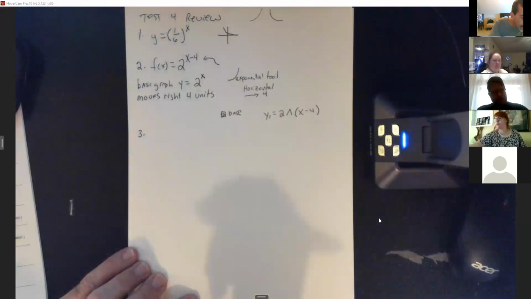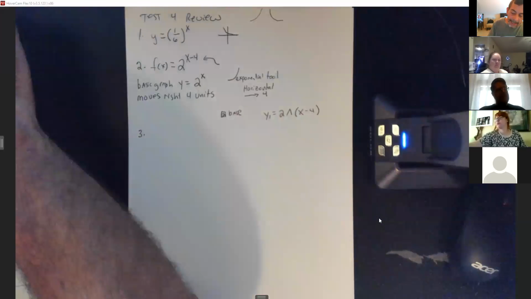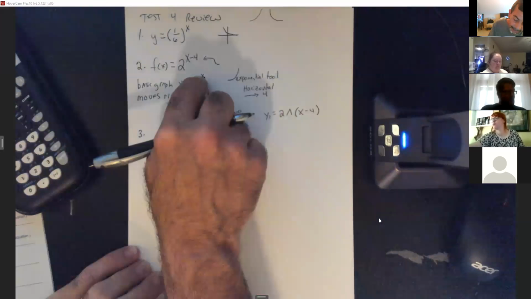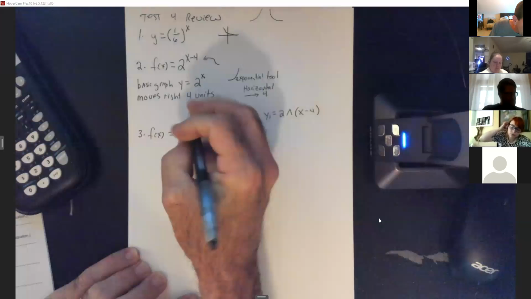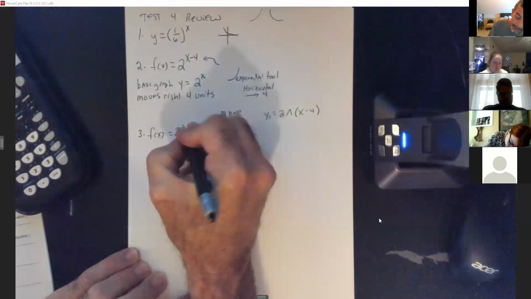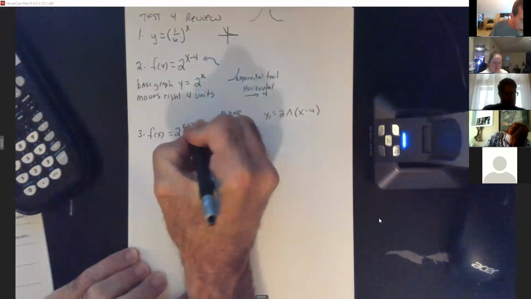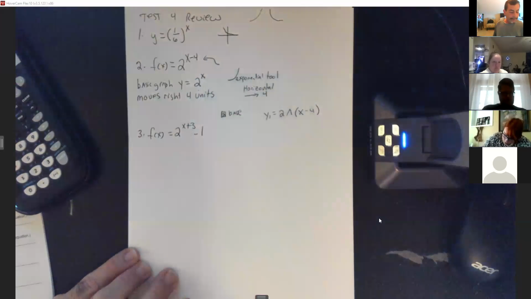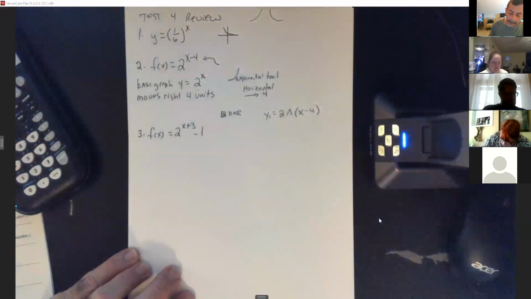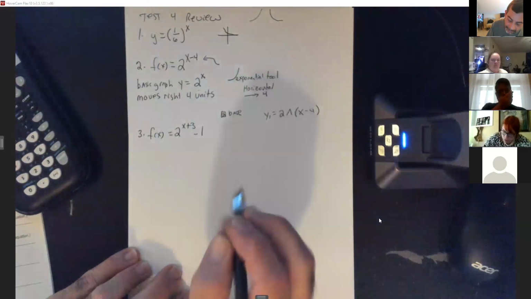Okay. All right, this one's going to be the same thing as this one. I'm going to have f of x equals 2 to the x plus 3, minus 1. So I'm going to start with my basic graph again.